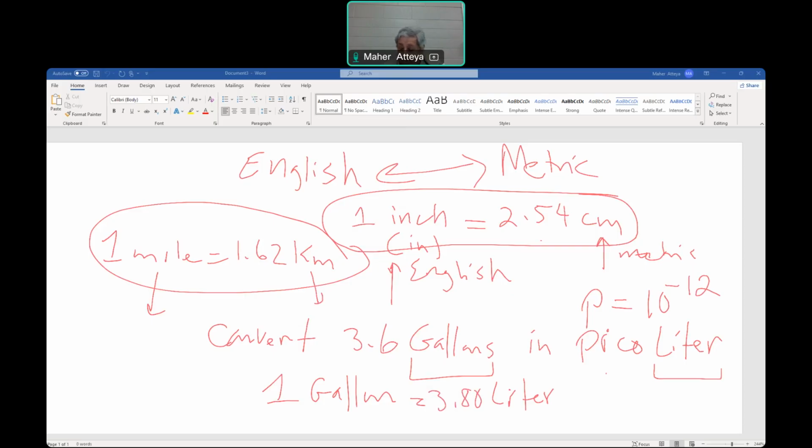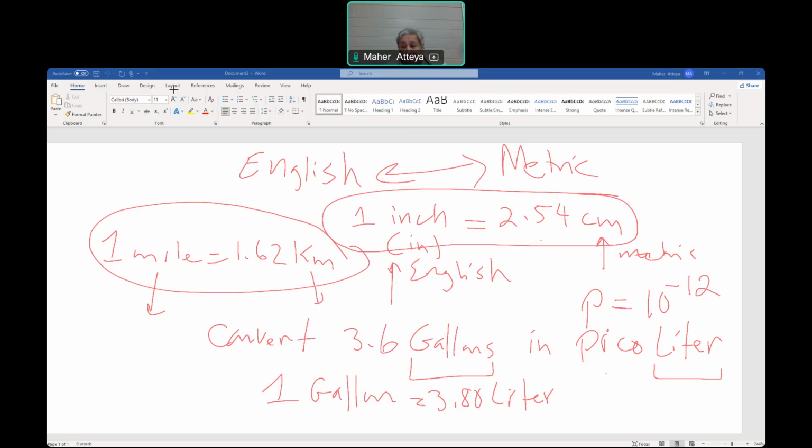That's not exact. You have to pick up the exact number, whatever is given to you. The problem with gallons and liters is that it depends on countries. We have 4 types of gallons: the American gallon, the Canadian gallon, the Australian gallon, and the British gallon. They differ a little bit and are not identical.